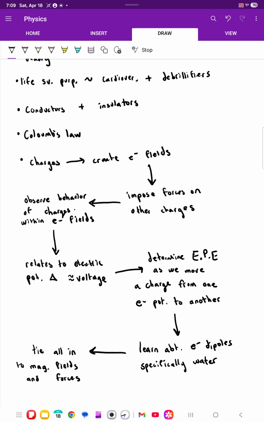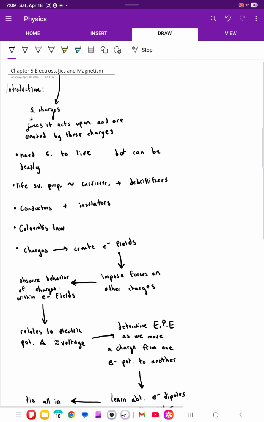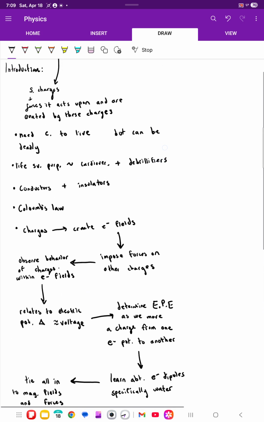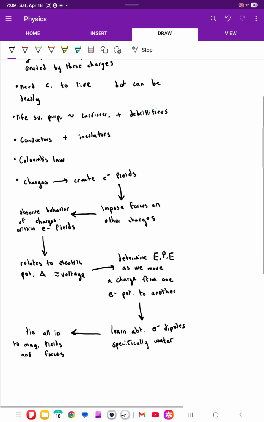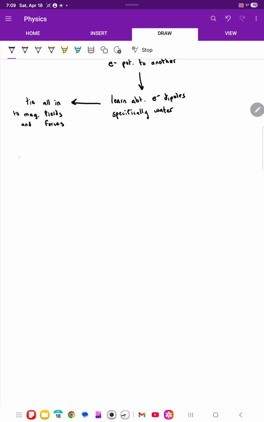Now that we got this out of the way, we can get into 5.1. 5.1 says what? We are learning about charges.